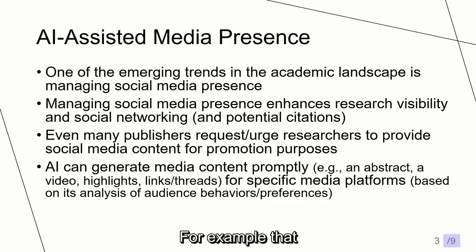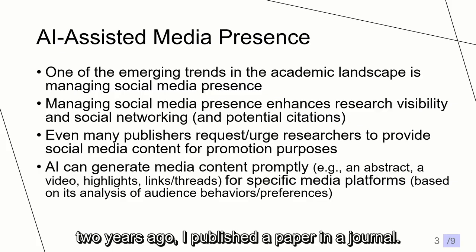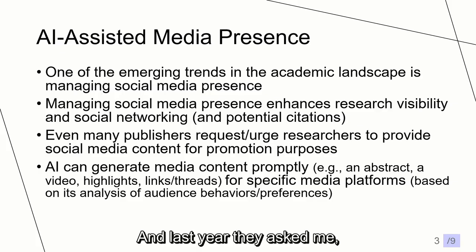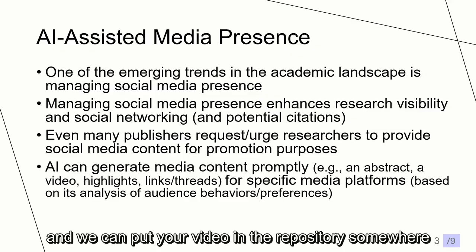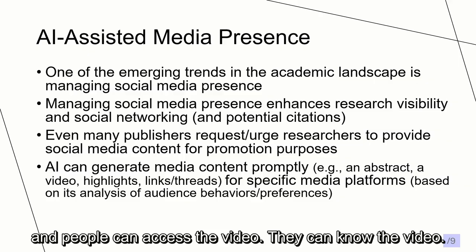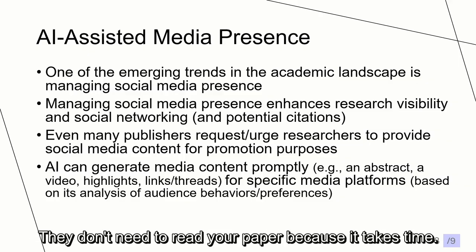For example, 2 years ago, I published a paper in a journal, and last year they asked me, maybe you can provide a video summarizing the idea, and we can put your video in the repository somewhere, and people can access the video. They don't need to read your paper because it takes time.